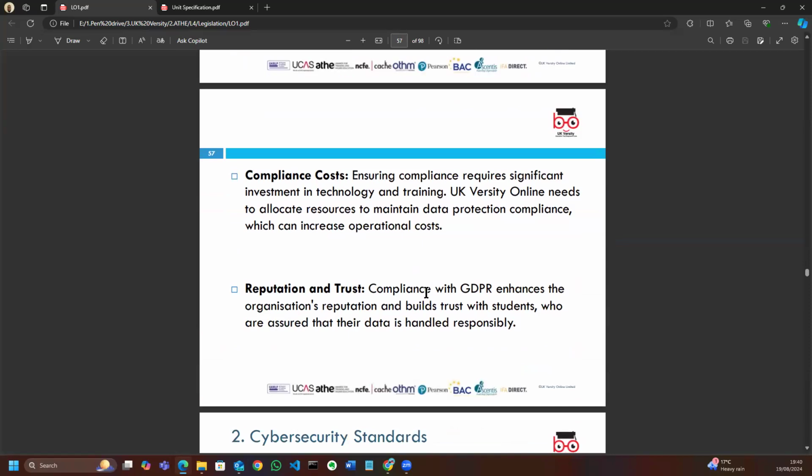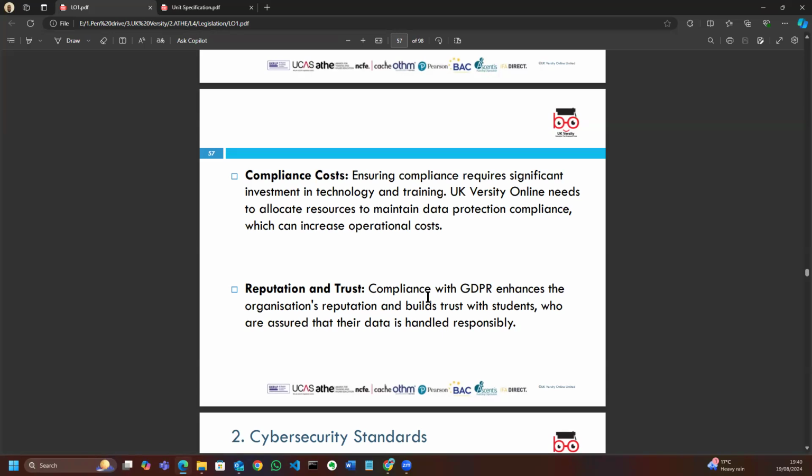Then we have compliance cost, where ensuring compliance requires significant investment in technology and training, where UK Versity Online needs to allocate resources to maintain data protection compliance, which can increase operational costs.